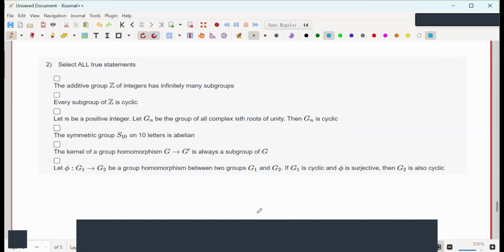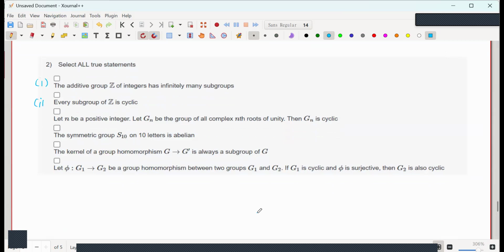So what are your inputs? Maybe we can start with the first part. First seems true, sir.